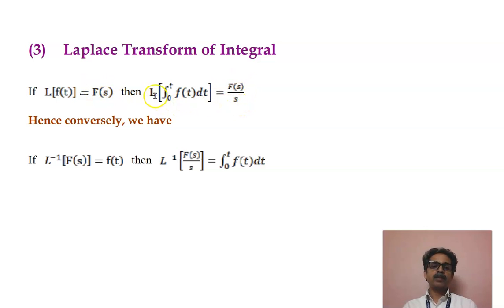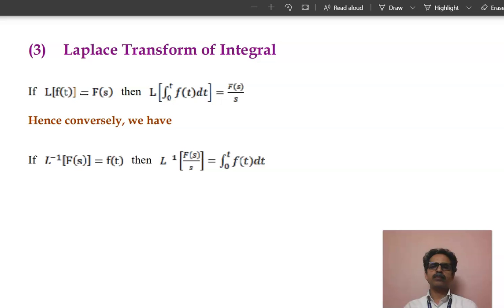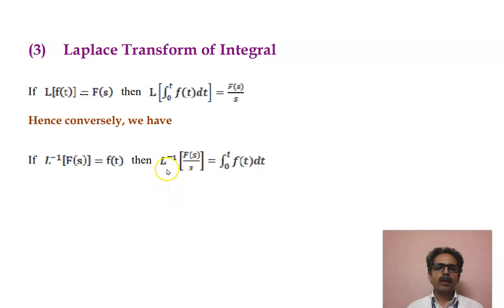And if you take this L operator to the right hand side, we can have another formula. That means if the inverse Laplace transform of capital F of s is small f of t, then the inverse Laplace transform, that is L raised to minus 1, L inverse of F of s upon s is equal to the integral from 0 to t of function f of t dt.